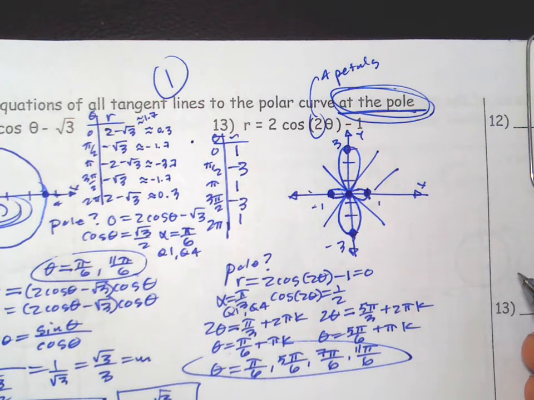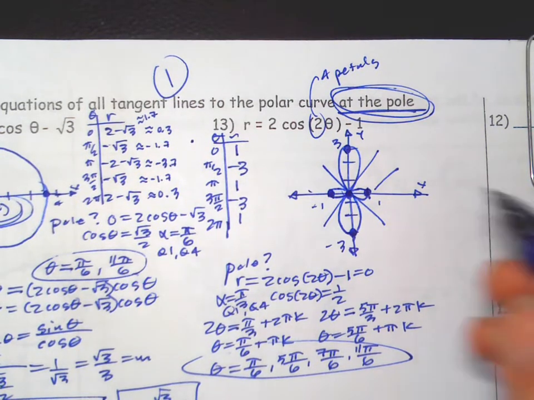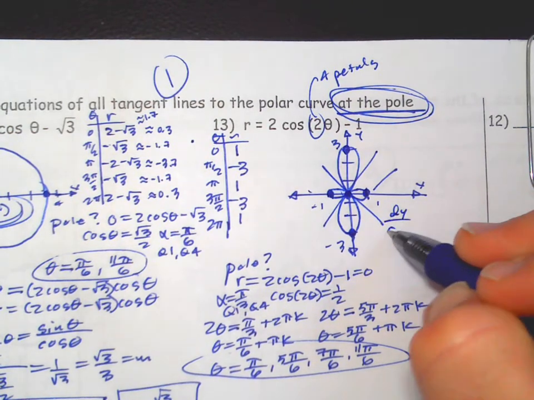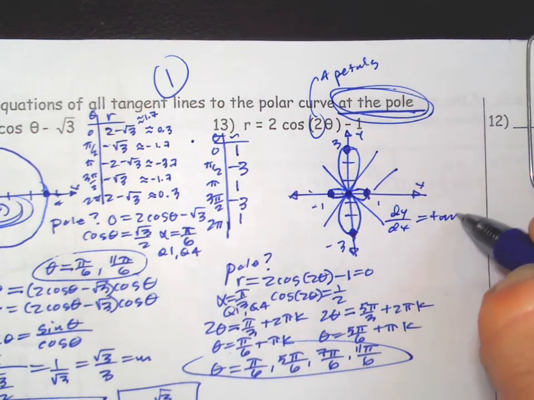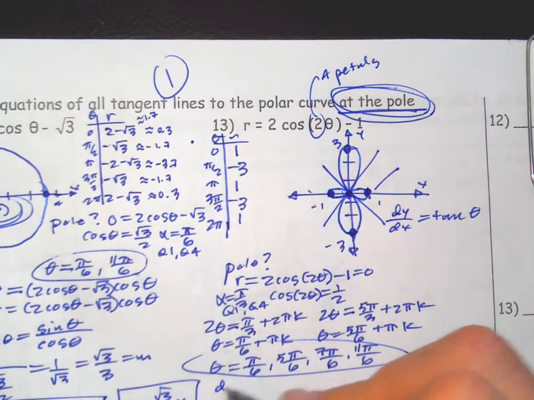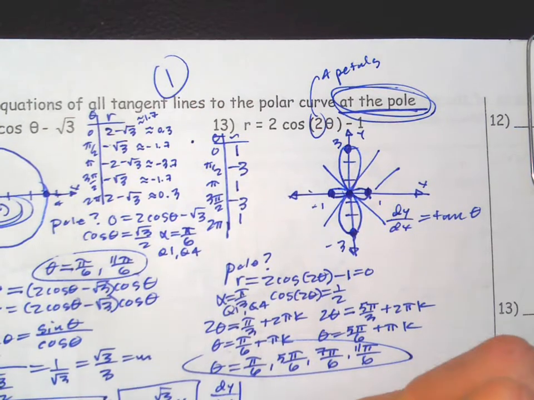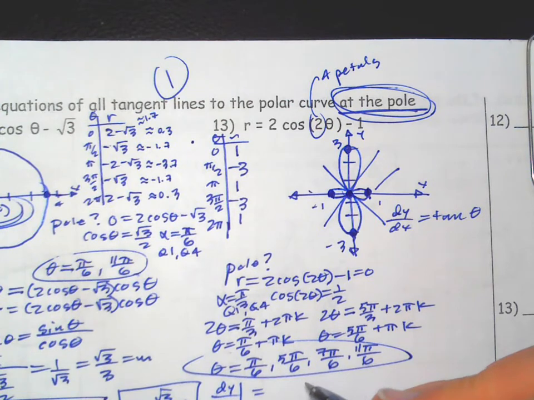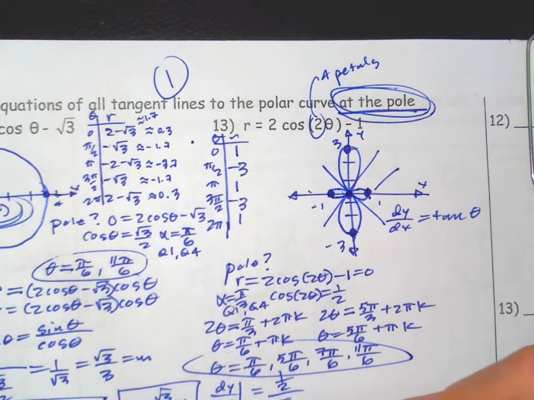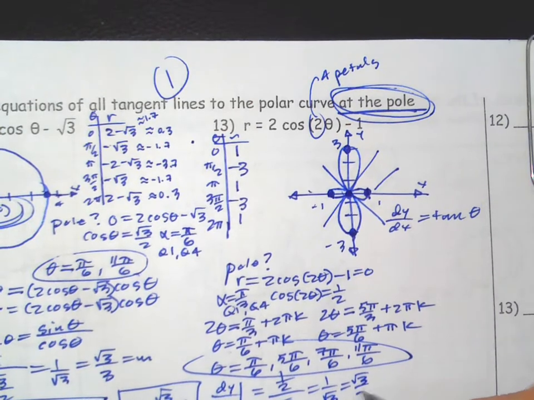But we're going to go ahead and use dy/dx equals tangent theta at the pole. So dy/dx for theta equals pi over 6 is going to be, sine pi over 6 is 1/2 over root 3 over 2. It's going to be 1 over root 3. It's going to give you root 3 over 3.